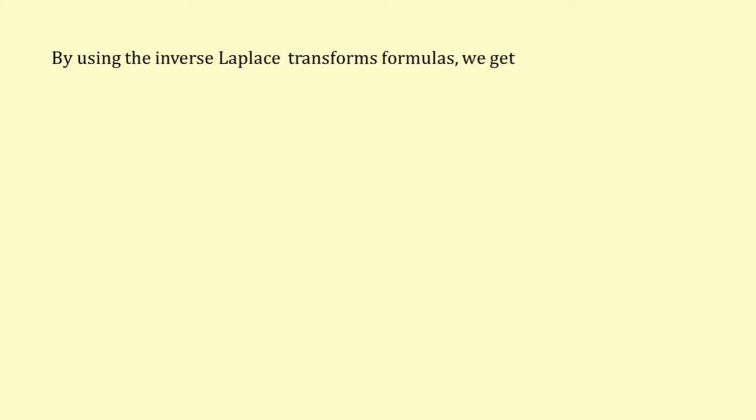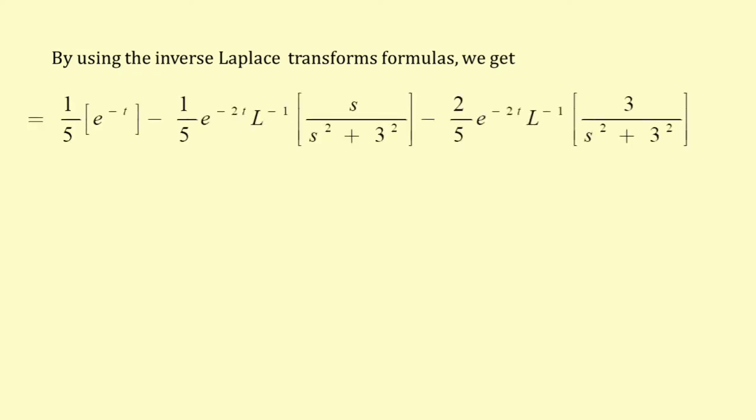Now by using the inverse Laplace transform formulas, we get the first term is e power minus t minus 1 by 5 into, in the second term for s plus 2 the whole squared, we can take this as 1 by 5 into e power minus 2t L inverse of s by s squared plus 3 squared, minus here also for s plus 2 the whole square, this can be written as 2 by 5 into e power minus 2t L inverse of 3 by s squared plus 3 squared. Now this has been converted into standard forms of inverse Laplace.